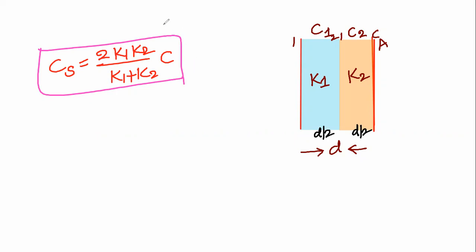Now take another case: two plates of a capacitor, and in between the plates, dielectric mediums of dielectric constants K1 and K2 are introduced side by side.